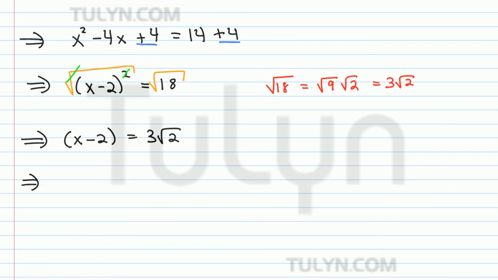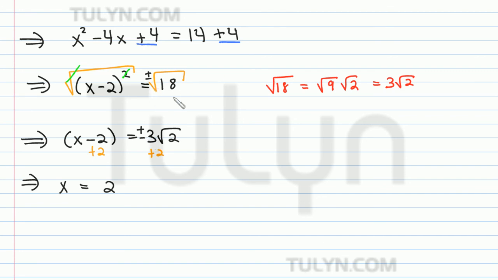So now, as a final step to solve for x, we want to add a 2 to both sides of the equation. So we get that x is equal to 2. Oops, excuse me. I forgot something vitally important. When we took the square root, we had to make it plus or minus, right? So this is plus or minus 3 times square root of 2.